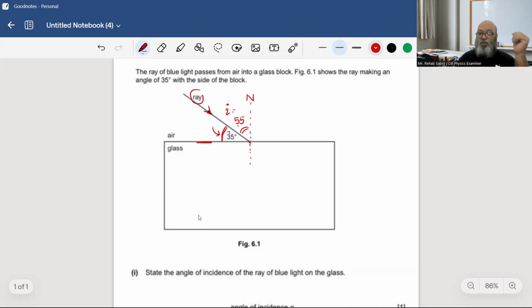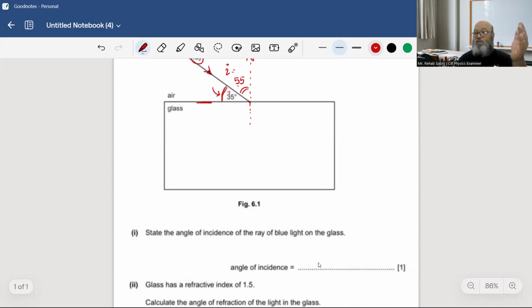The first part of this question says, state the angle of incidence of the ray of blue light, which is this ray, on the glass. In fact, we can state the angle, which is 55 degrees. By the way, here you have to write degrees, otherwise you will lose the mark.